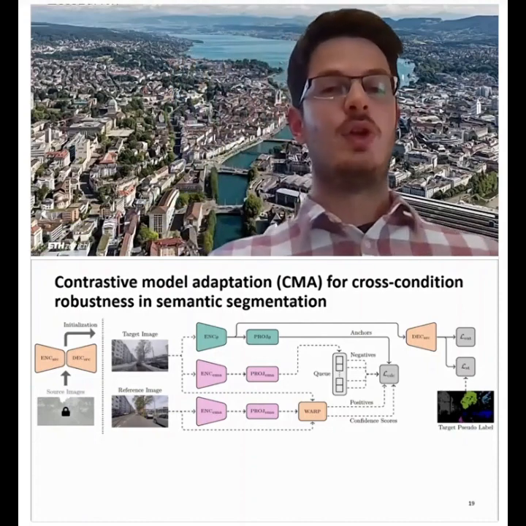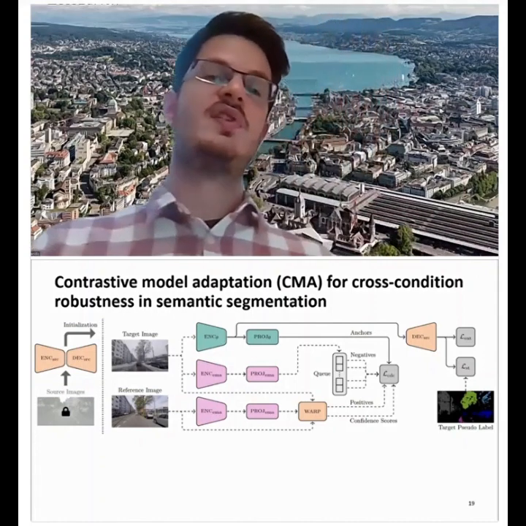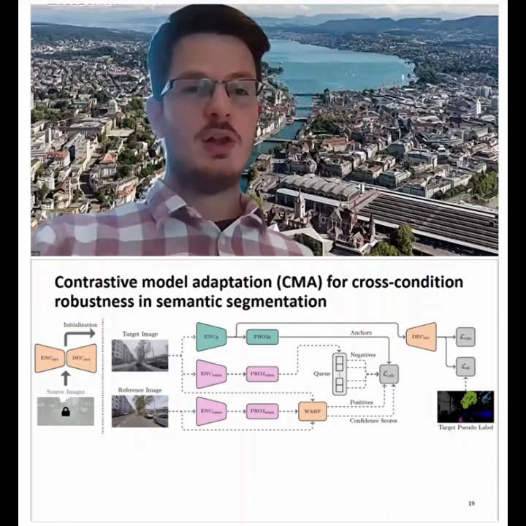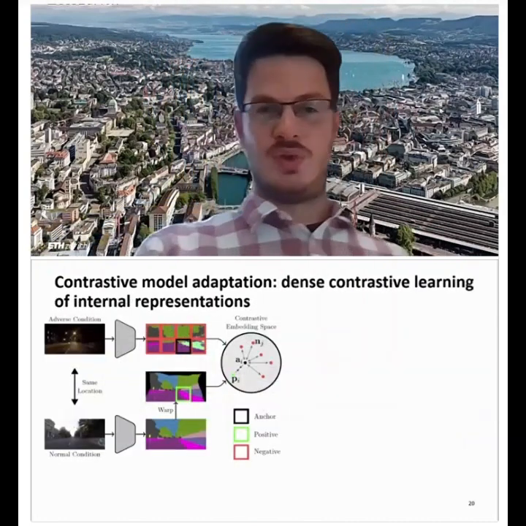So the classes do not change in this setting, just different conditions. So no difference in the semantics of the classes or the different prototypes. We just learn the encoder, and the rest we keep frozen.